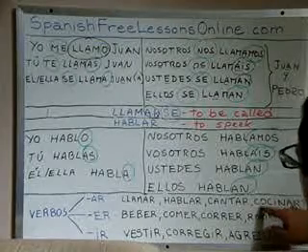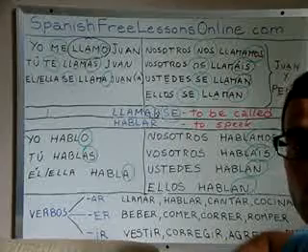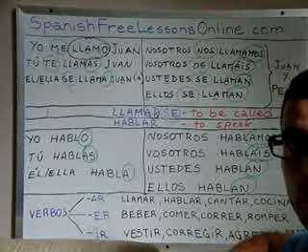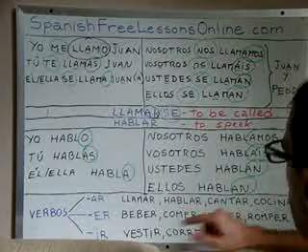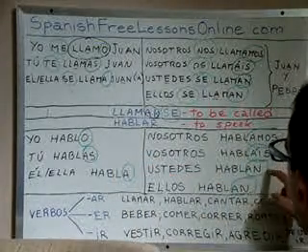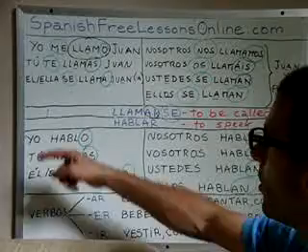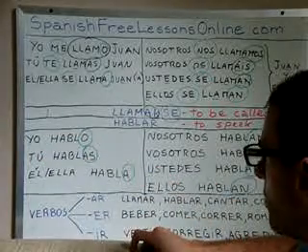Cocinar is to cook. So if we want to conjugate the verb to cook, cocinar, we already know how to conjugate it in the present tense for the different persons. Okay?